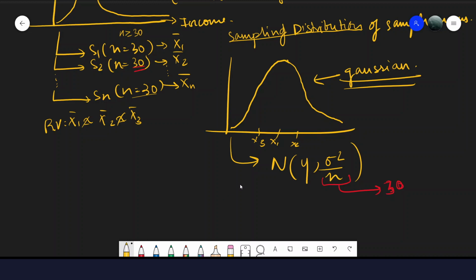And the point to note here is that the mean of this distribution will actually resemble the mean of the population. So this mean mu over here will be almost equivalent.